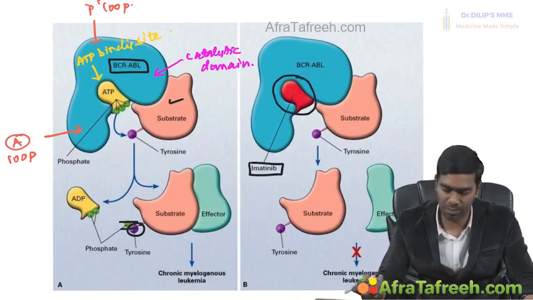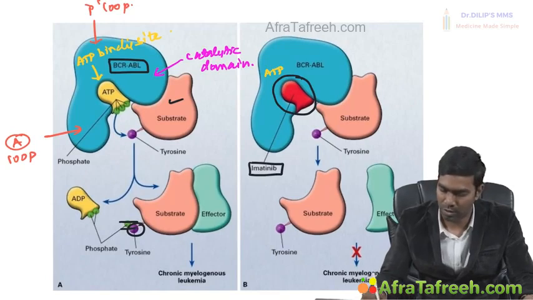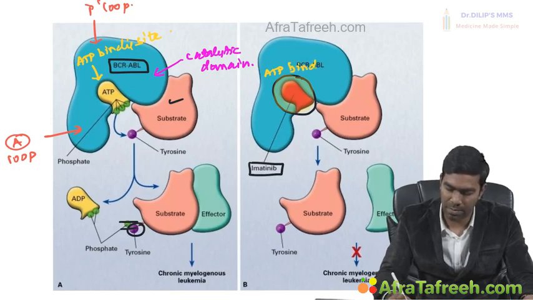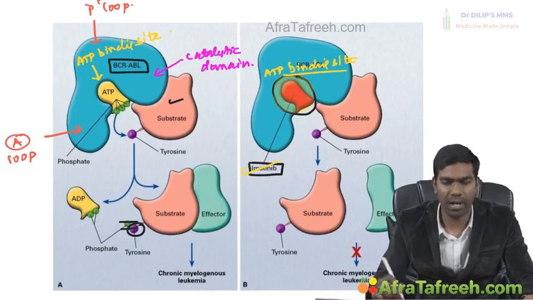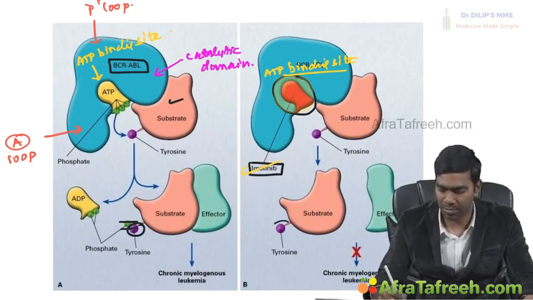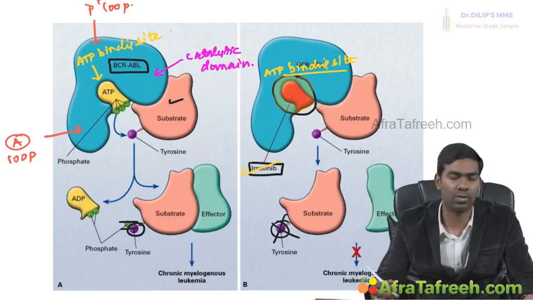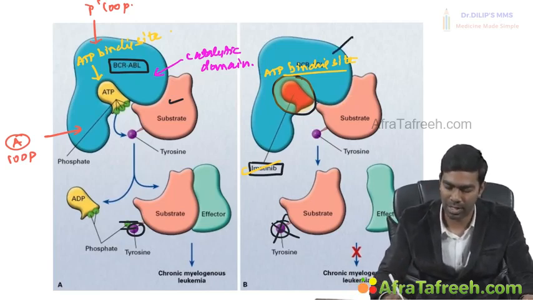That's a very important point, maybe a very important question also. So these are going to target the ATP binding site. In this example I have given imatinib, so that your substrate cannot be phosphorylated. The tyrosine residues of the substrate cannot be phosphorylated, so that this BCR-ABL protein is inhibited.